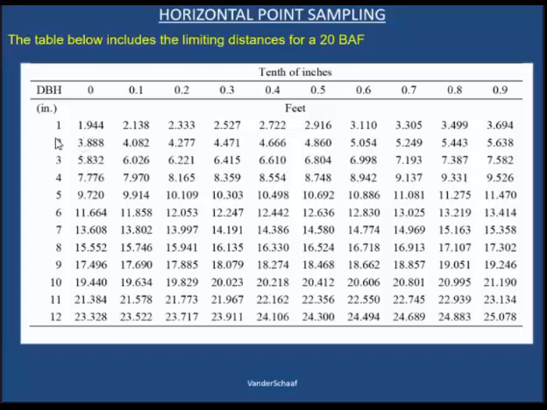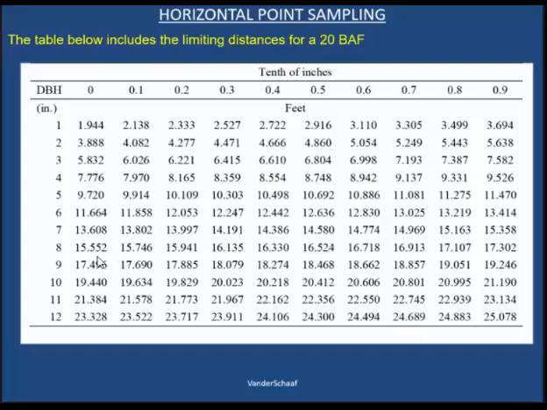Multiply that by 2 and you get 3.888. Multiply that by 3 and you get 5.832. Basically, as you go along, the sides of the angles are diverging, and that leads to the borderline state for a particular diameter. And then you're going to add a slight amount of extra distance for the tenth of an inch.